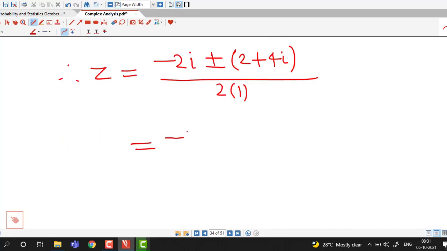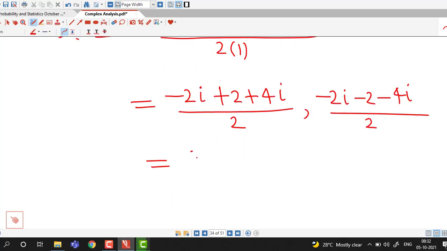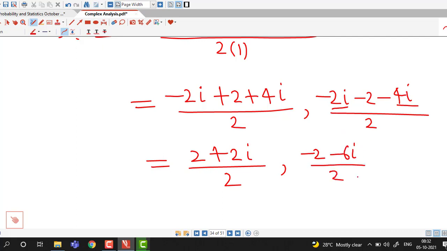Now first we consider the positive sign. So we have minus 2i plus 2 plus 4i divided by 2, and if we take the negative sign, we have minus 2i minus 2 minus 4i divided by 2. So we can simplify this. This is 2 plus 4i minus 2i, that is 2 plus 2i, divided by 2, and here minus 2 and minus 2i minus 4i, which is minus 2 minus 6i, divided by 2.